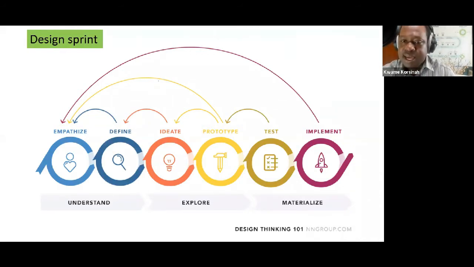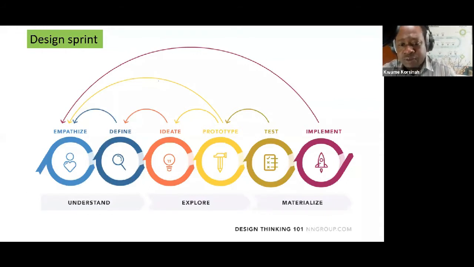Design thinking is now a growing trend, and I always recommend it to anyone working in an agile environment as a product owner, product manager, business analyst, developer, architect. You just need to know the elements and the components of design thinking.